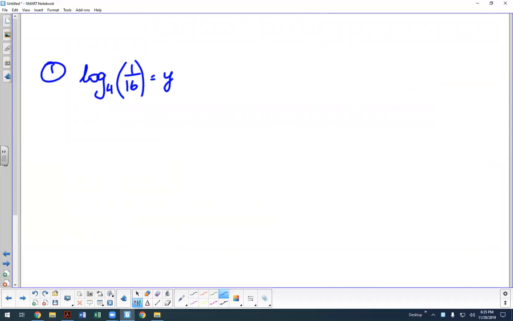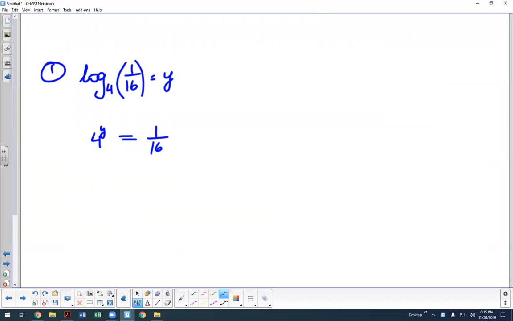This is where we're going to convert this into an exponential form and then simplify it. So remember again, my base 4 here will become the base 4 for my exponential function. A logarithm always gives me the exponent, so that y becomes our exponent on 4. And this will equal what we have in the parentheses, 1/16. So this is going from the logarithmic form into the exponential form.